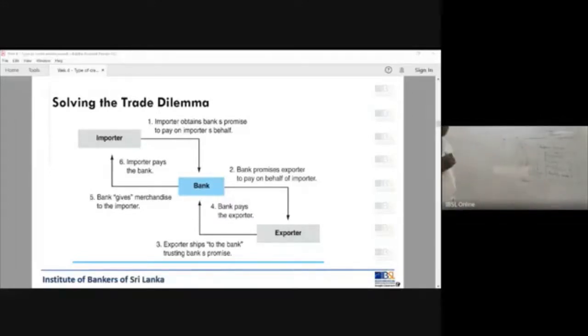sends it to State Bank of India, saying that there is one person, Mr. Saravanamuthu in New Delhi. Tell him that Mr. Pereira wants to buy these items as per his pro forma invoice.